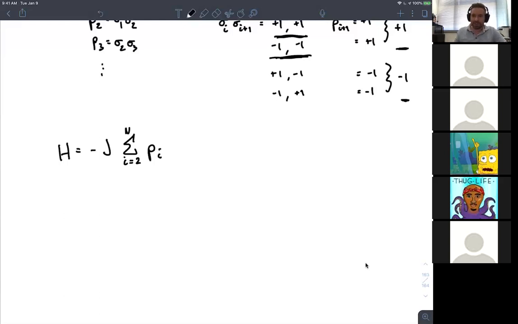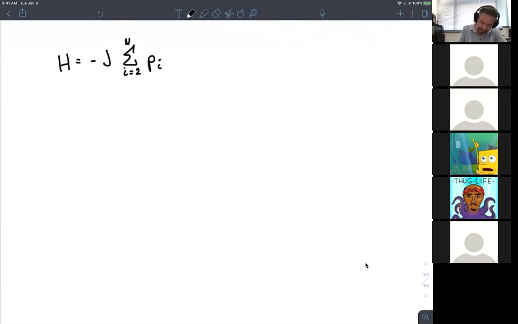So if this is our Hamiltonian, then to determine the statistics of our system, we take this Hamiltonian and stick it into the exponential Boltzmann weight in order to calculate the partition function. So let's calculate the partition function for n spins. If we start from the beginning, it's the sum of e to the minus beta H, where H is a function of the spins, whatever spin configuration you have.